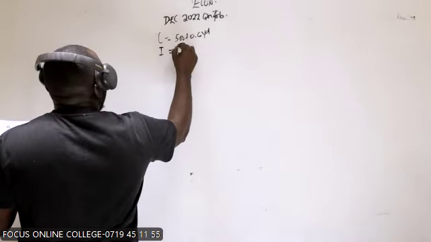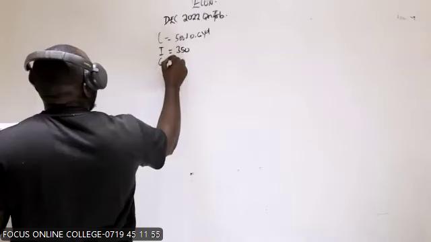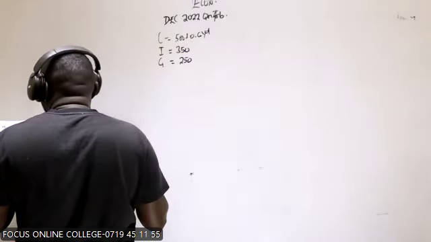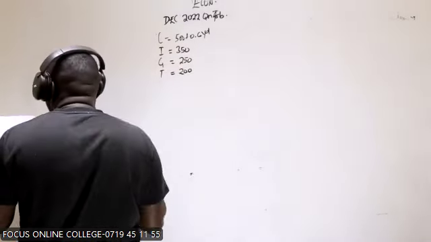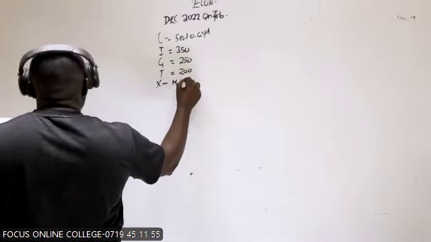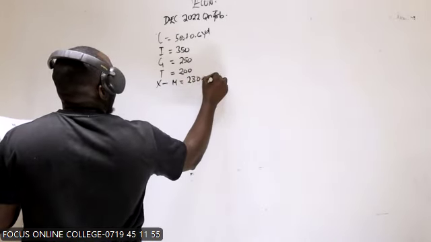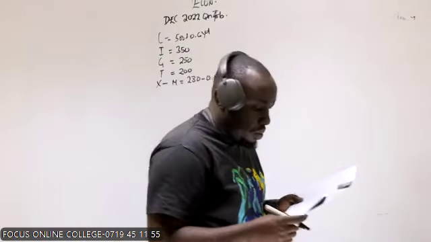Investment is 350. Government expenditure is 250. Taxes are 200. Export minus import is 280 minus 0.1Y.